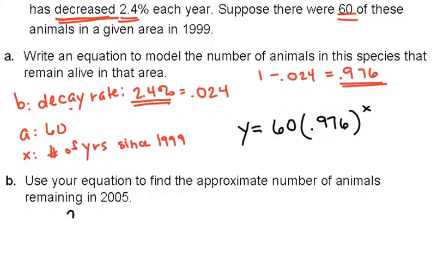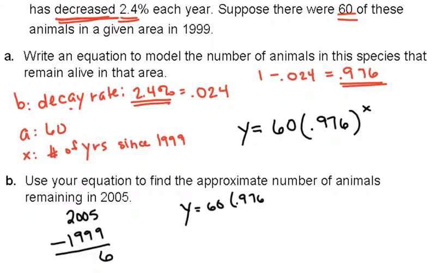So we need to do 2005 minus 1999, and that is going to leave us with 6 years. So putting 6 in for x, we have y equals 60 times 0.976 to the 6th power.